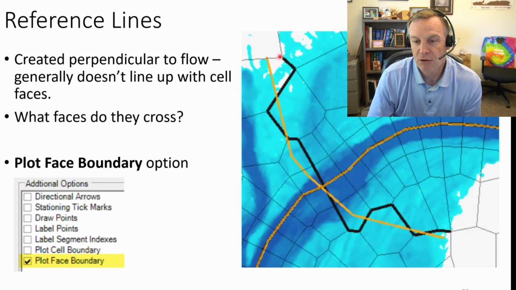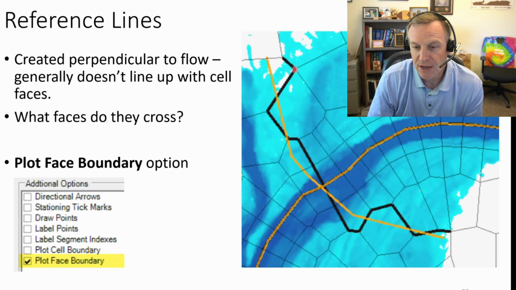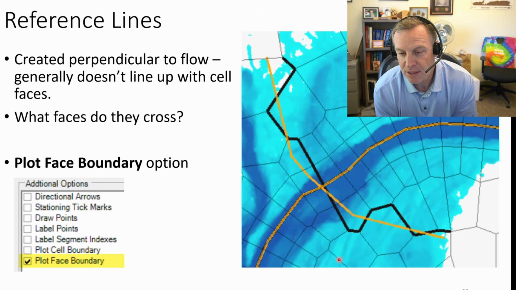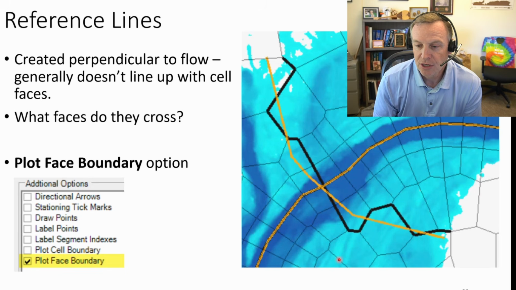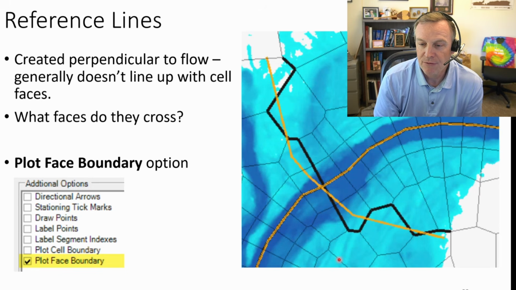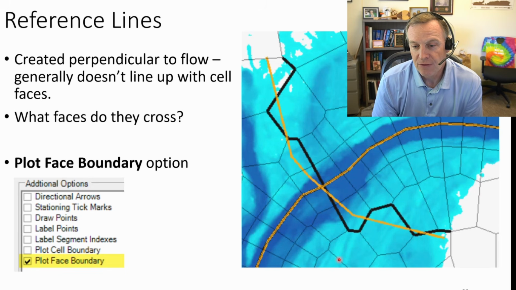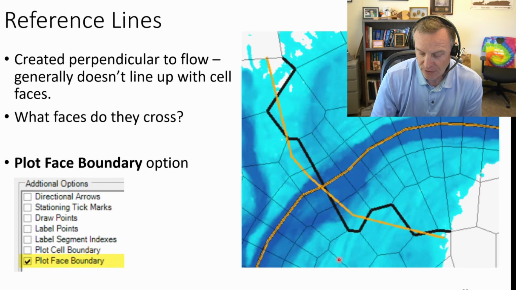Let's pretend we're trying to accumulate flow. We're going to use this face, we're using this face, and so on. And so if you saw a line like this, you might say, okay, Ackerman did not do a very good job. Let's go in, let's do a little bit better job with generation of our mesh so that those faces align with that reference line, and make sure those faces align with flow so that we can get the best answer possible.